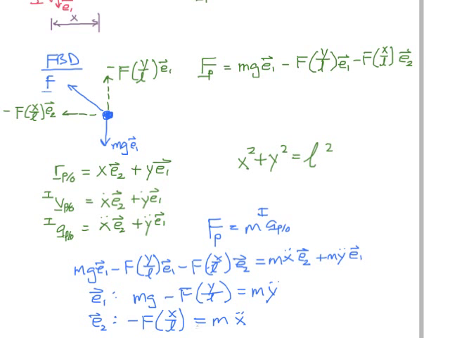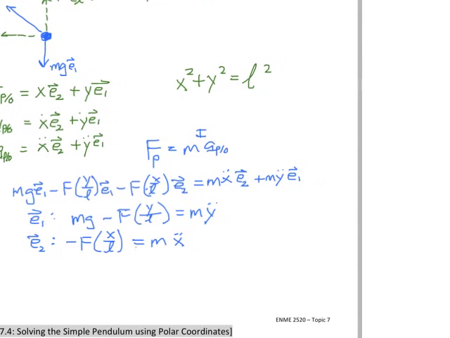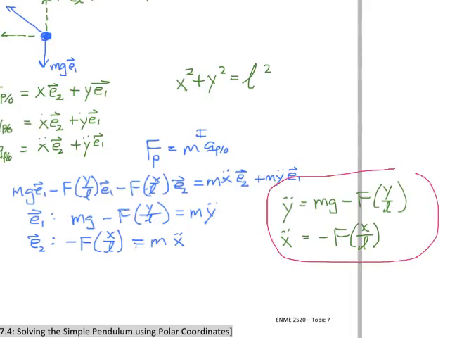So in summary, what we have here are two second-order equations. And these two equations, when combined with our constraint equation, give us a single degree of freedom system that describes the motion of this simple pendulum.